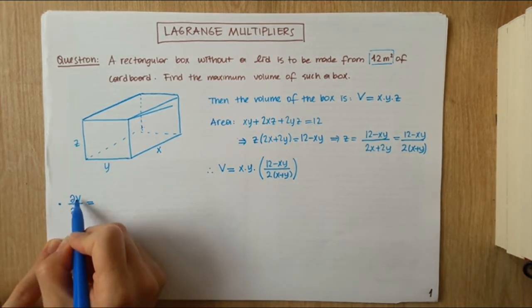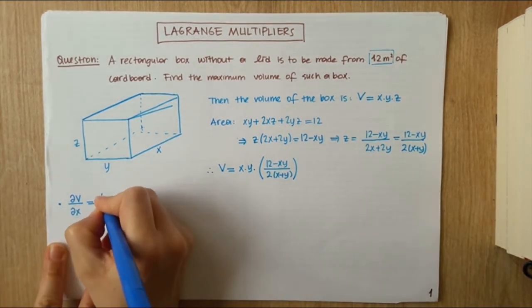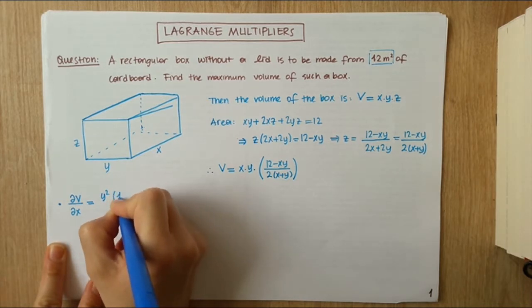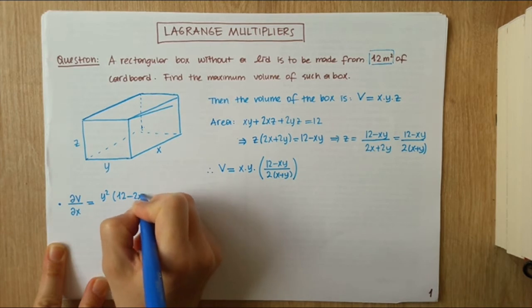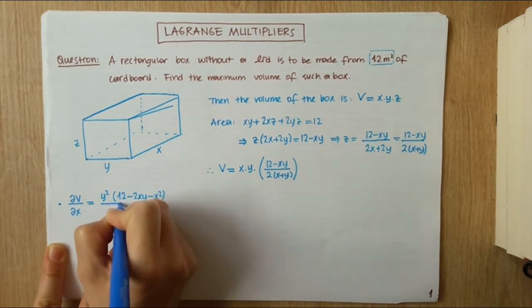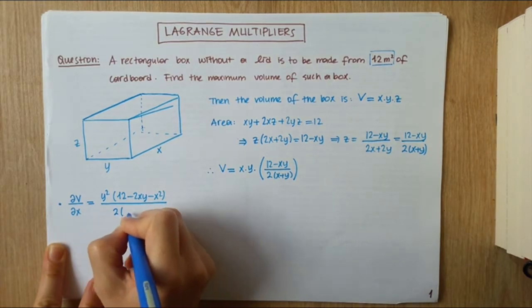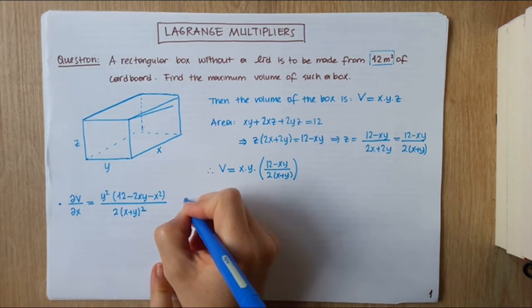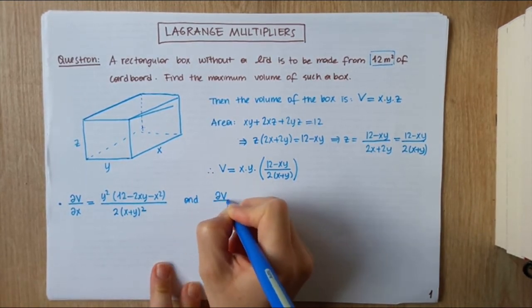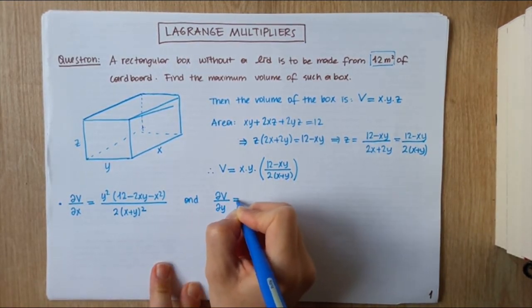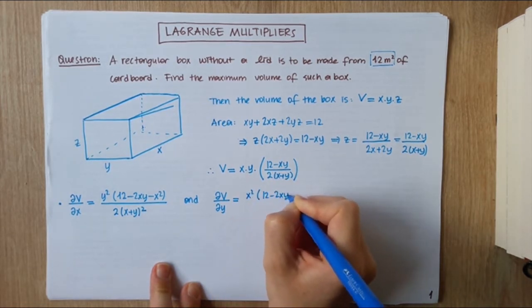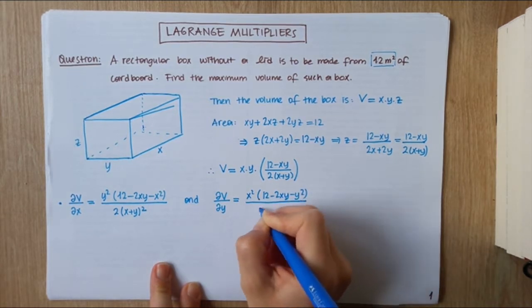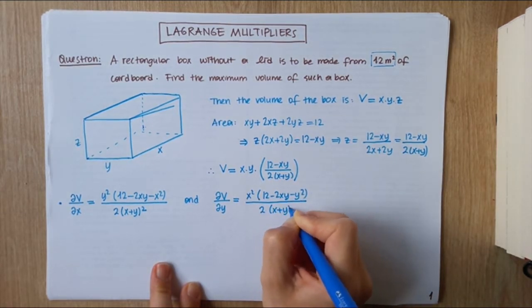The derivative of V with respect to x will be, please calculate it on your own, the result will be y squared times (12 minus 2xy minus x squared) over 2 times (x plus y) squared. And the derivative of V with respect to y will be equal to x squared times (12 minus 2xy minus y squared) over 2 times (x plus y) squared.